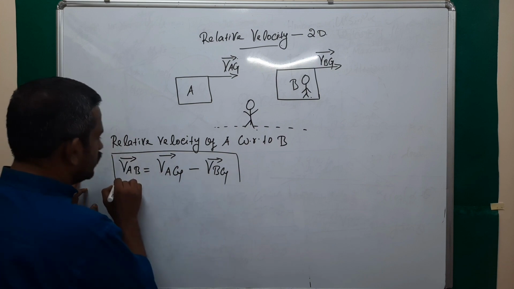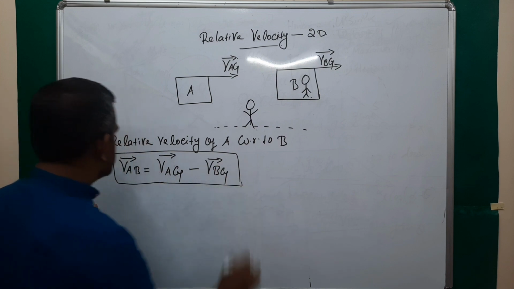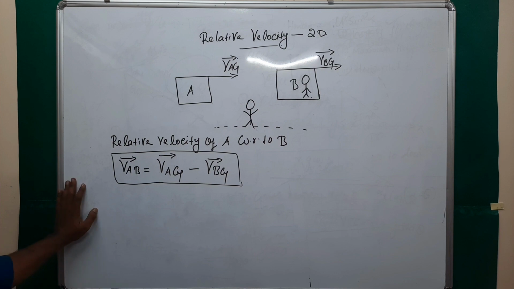This is the formula for the relative velocity of A with respect to B.